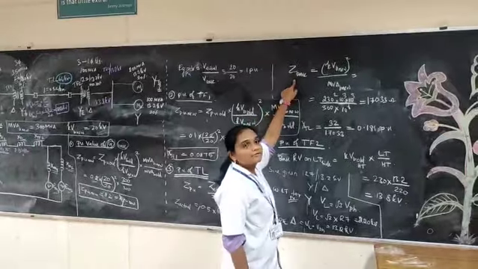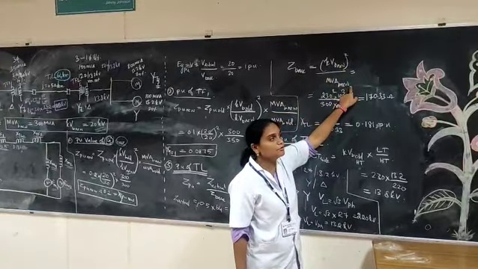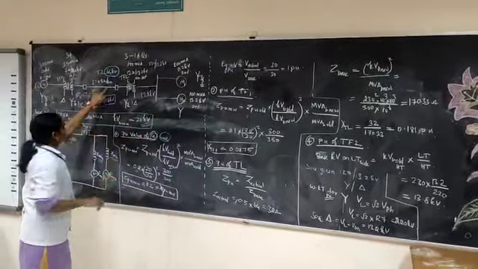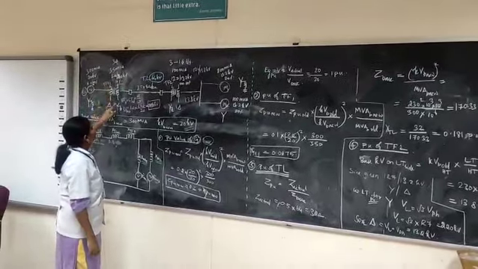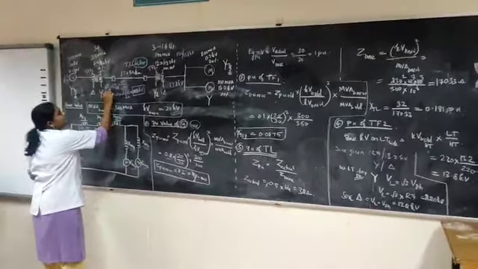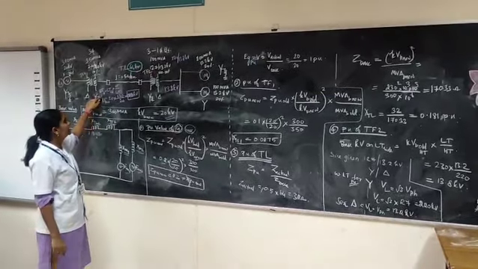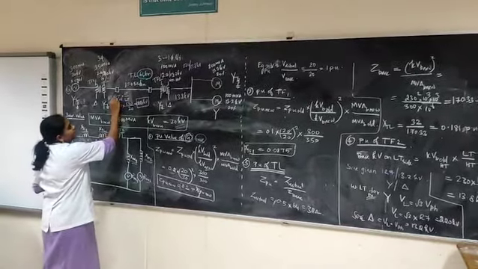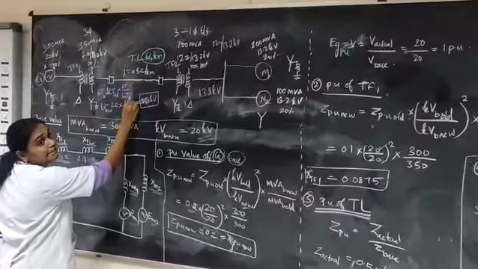The formula for calculating the base value is kVb new the whole square divided by MVAb new. Now if you see the transmission line kVb voltage, it is the voltage which refers to the secondary side of transformer 1, otherwise known as the HT side of transformer 1. There is a formula to calculate the base on the HT side of a transformer, which is kV base on LT side into HT rating divided by LT rating.